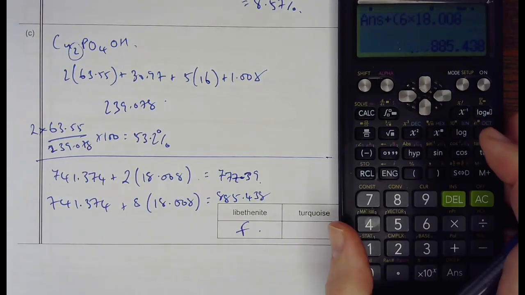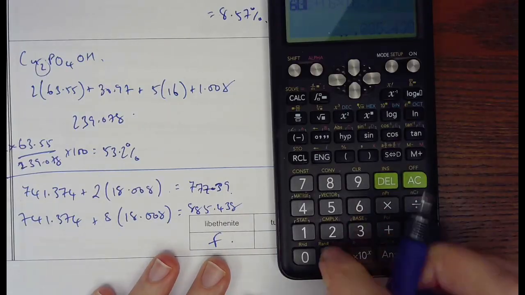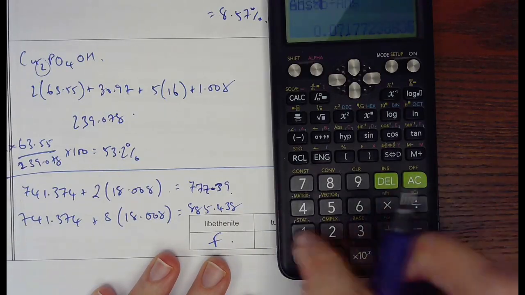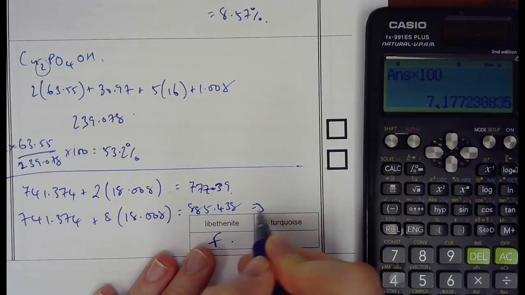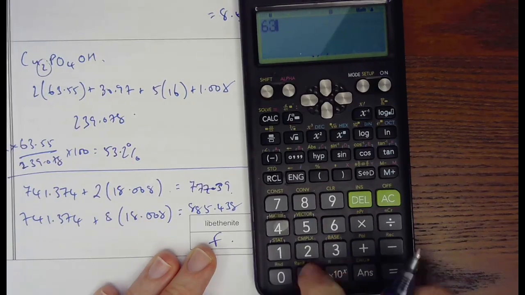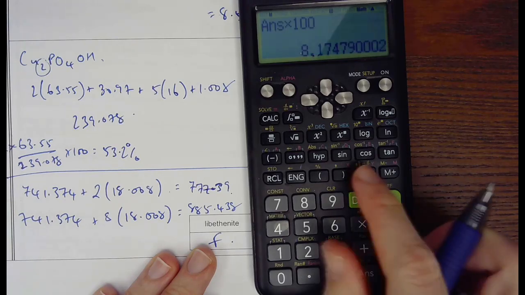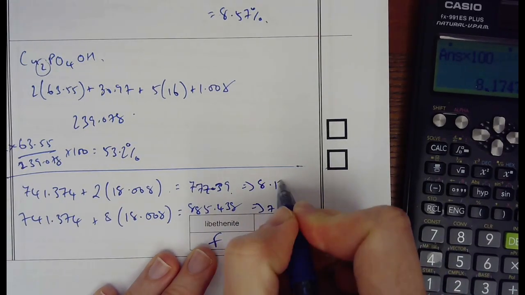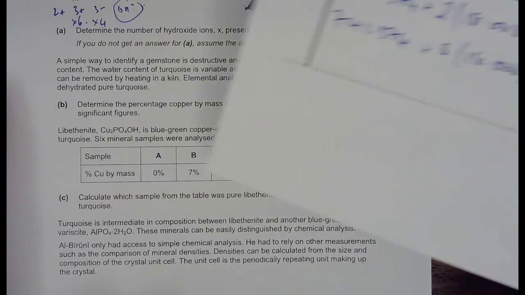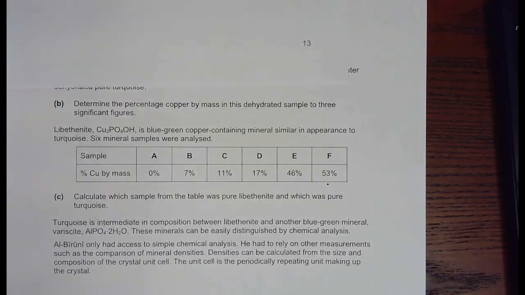Okay, and then if I do the copper content of each of those, so 63.55 divided by that one times 100, that's going to be equivalent to 7.18%. And if I do 63.55 divided by 777.39 times by 100, I get 8.17%. So somewhere between 7 and 8%. So B is our closest answer there. Not exactly right, but I guess close enough.